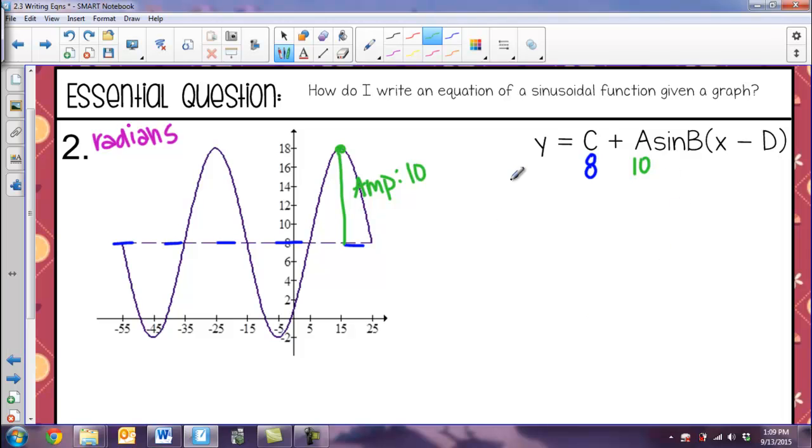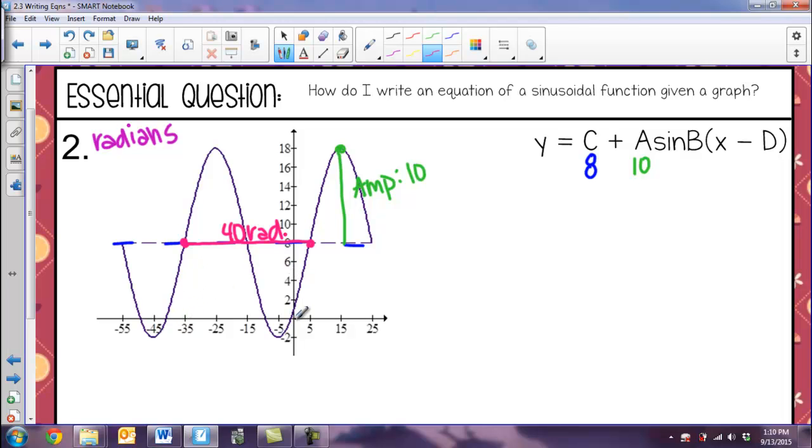Next thing I've got to do is find my period. Remember, we're just going to take two points of the same thing. For instance, right here to right here, this was one complete cycle, and then we're going to count how far this was to get from there. So I went from negative 35 to 5. That would get me 40 radians to get all the way across, because remember, we have to take absolute value into account.